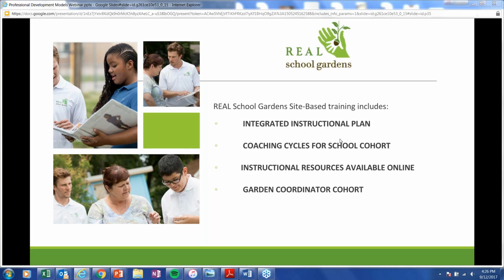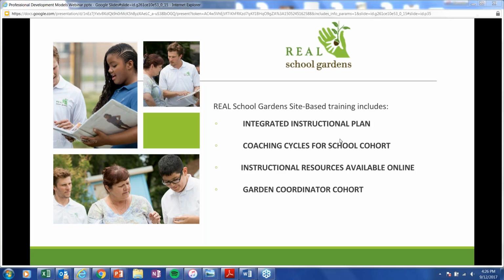We then have instructional coaches who are veteran teachers, most with master's degrees, and they go out and work one-on-one in coaching cycles with students and teachers at schools. So we model an academic lesson using the garden with a teacher and their students.